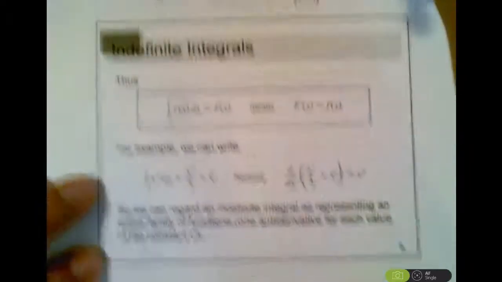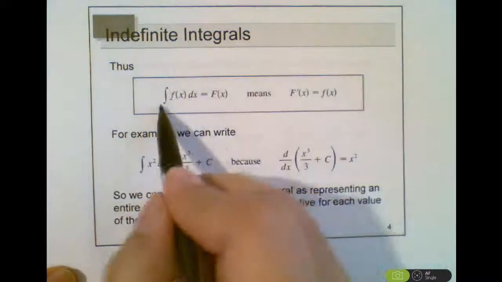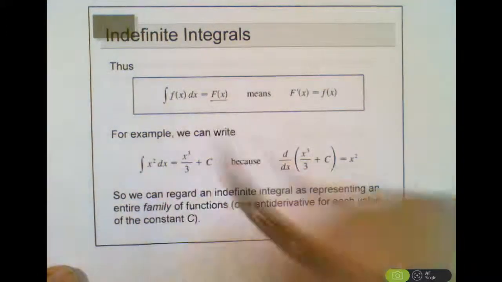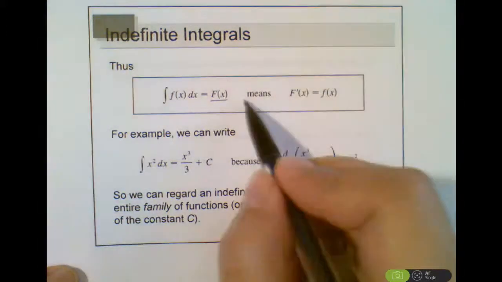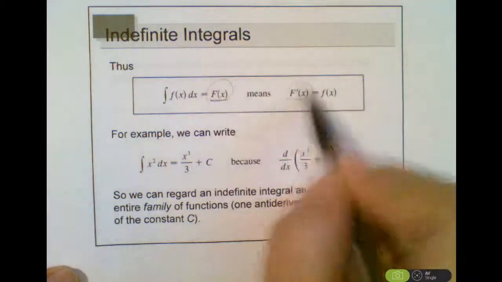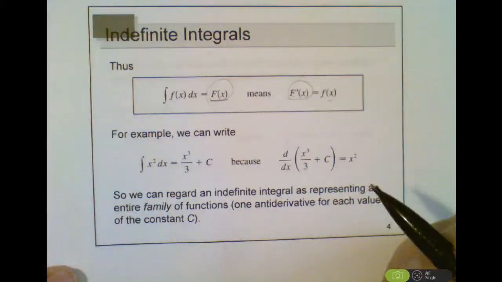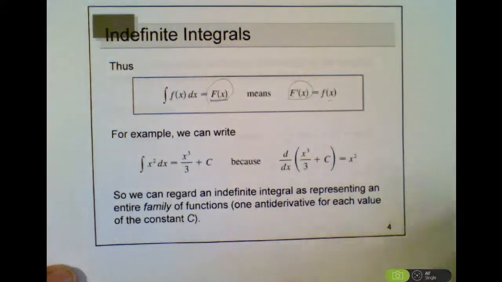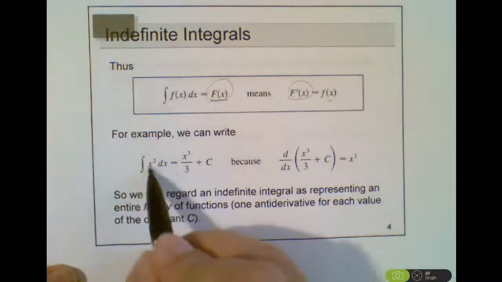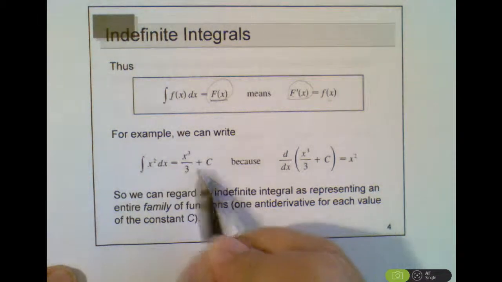So here, if we're saying that the integral of a function is the antiderivative, that is pretty much the same as saying that if I take the derivative of this antiderivative, I get the original function to begin with. So for example, the integral of x squared, I know it's x cubed over 3 plus a constant.